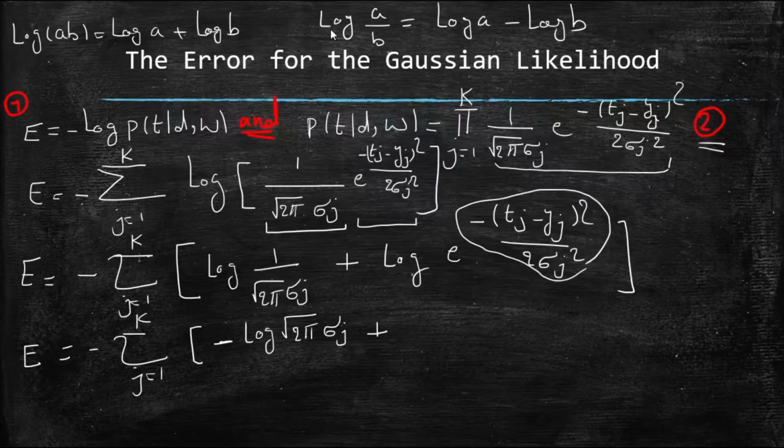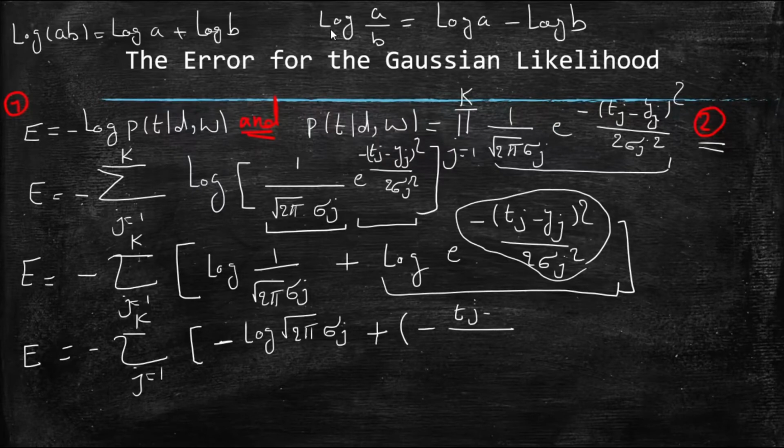So minus tj minus yj squared divided by 2 sigma squared would be the result of this whole thing, right? So this would be plus the whole thing, so basically minus tj minus yj squared over 2 sigma j squared, right? Now, obviously, plus and minus here would just cancel out.